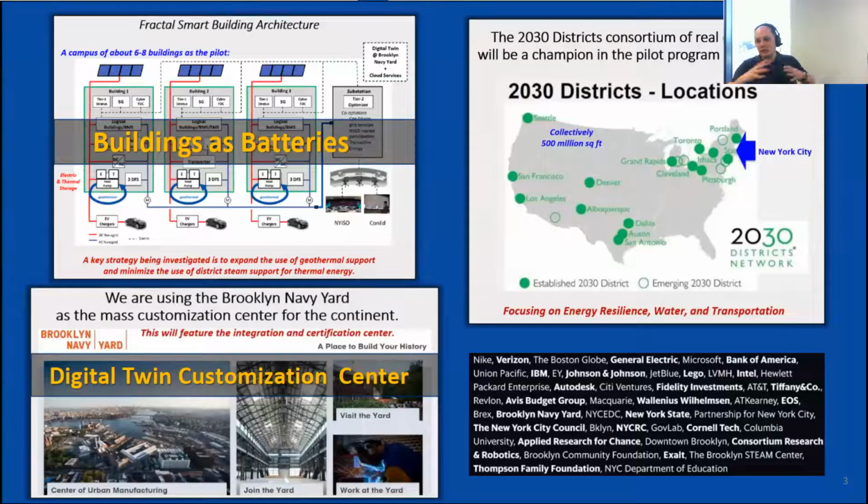In terms of going broader, these are projects within the open source community at the Digital Twin Consortium. We see a big effort around this concept of treating buildings as batteries. This is where we're looking at how, within a building, particularly in the US, what capacity there is for storing energy.